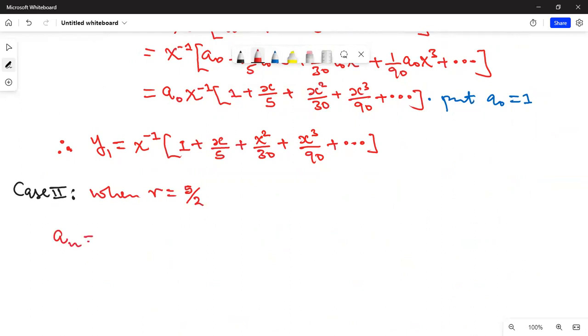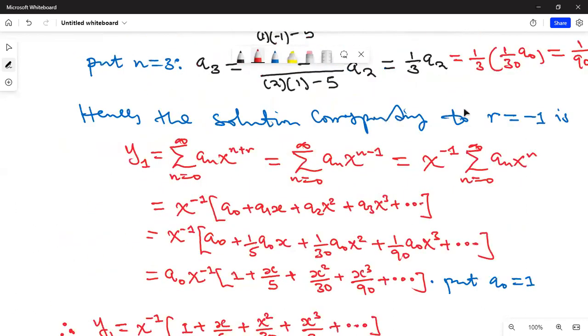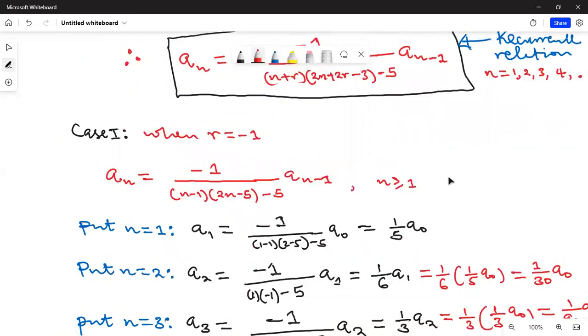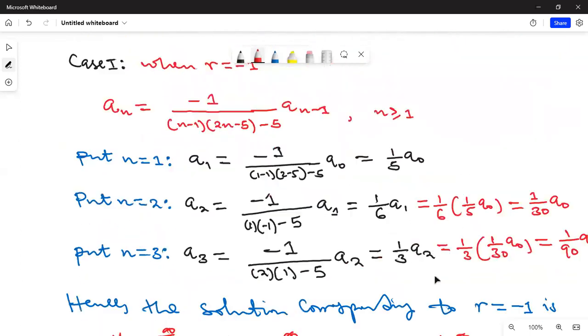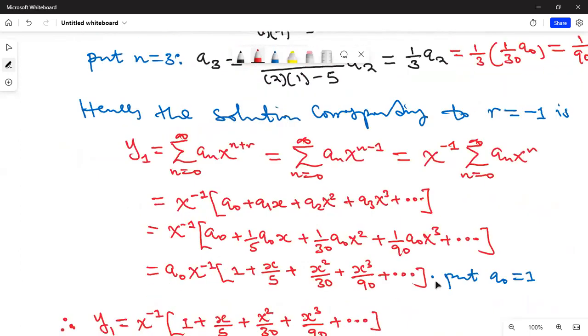How will it look when you substitute r equals 5 over 2? Let me take you back to the recurrence relation where we need to substitute. It is this one. Here where there's r, you put 5 over 2. So let's go back and replace it and see what we get.